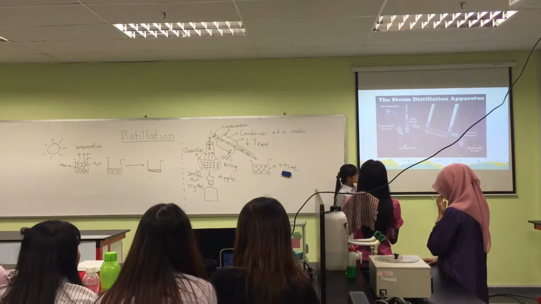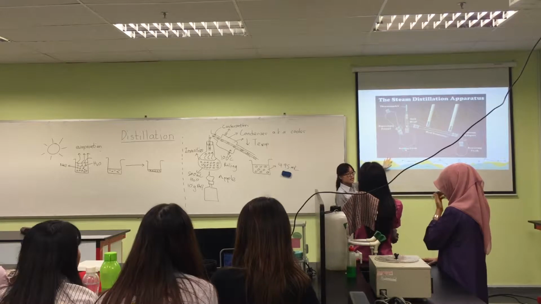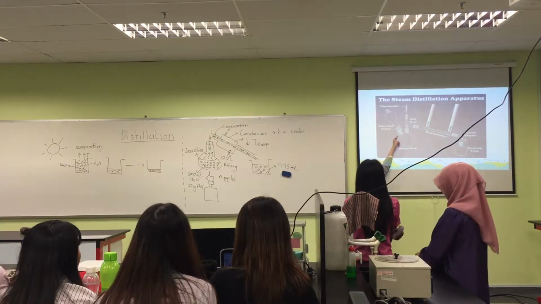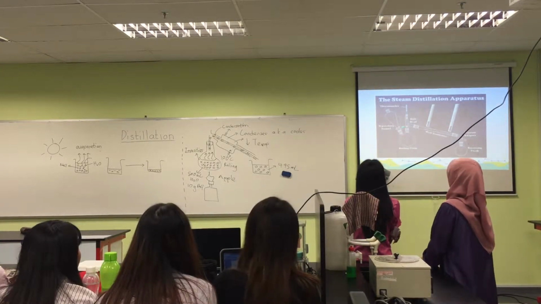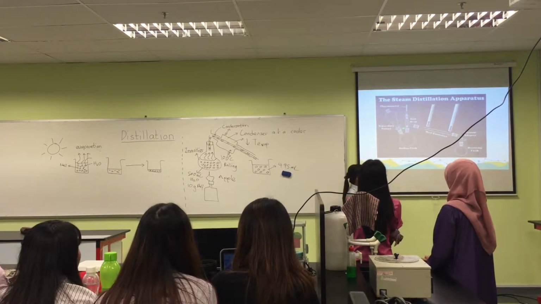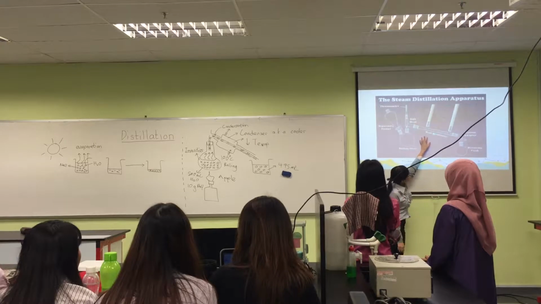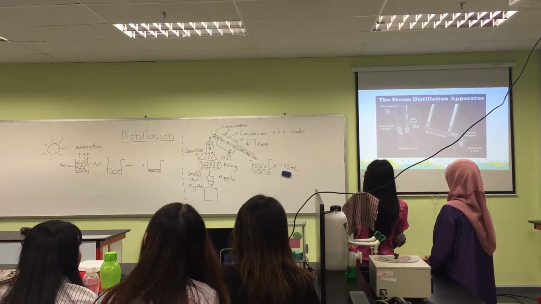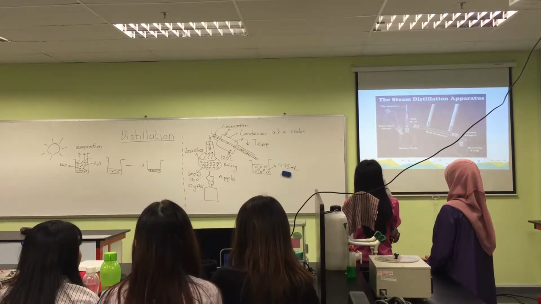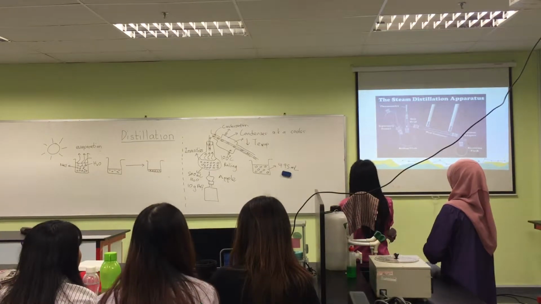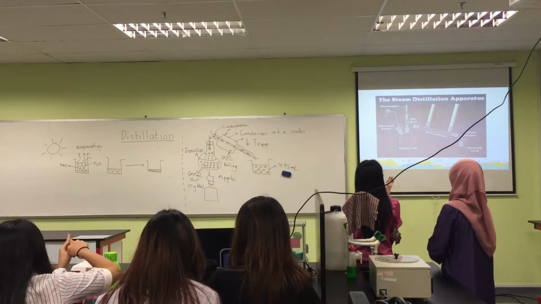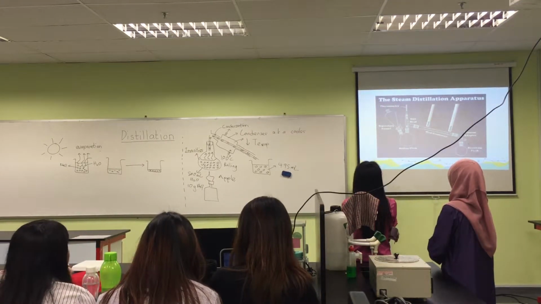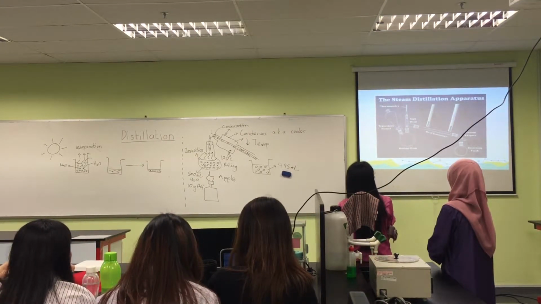Then the boiling flask will be heated, and the vapor rises up when the boiling point is achieved. At the same time, the volatile oil is carried by the water vapor down to the condenser, and then collected in the receiving flask. As I mentioned before, at the end of the distillation, in the receiving flask you will have two phases of liquid, and from there you can get the things you want.